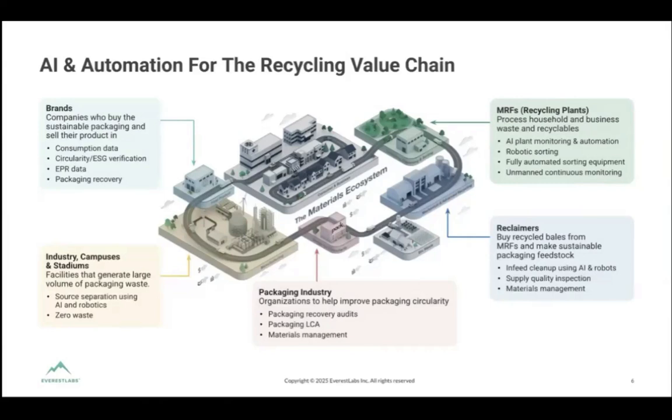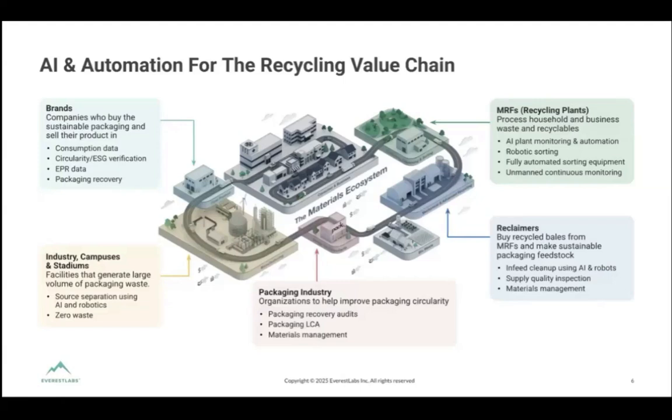Another interesting subset on this chain are some self-contained facilities like college campuses or arenas and stadiums that generate large amounts of waste and are looking for technology to manage that in-house. So our AI and robotics can provide on-site separation for them.